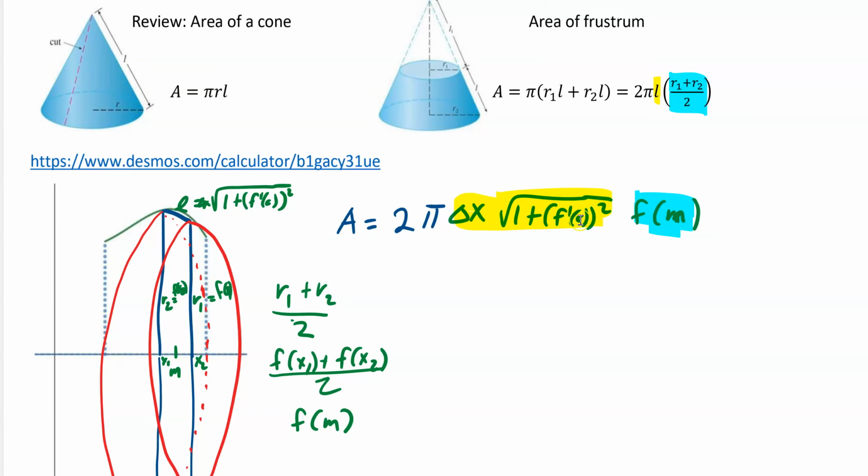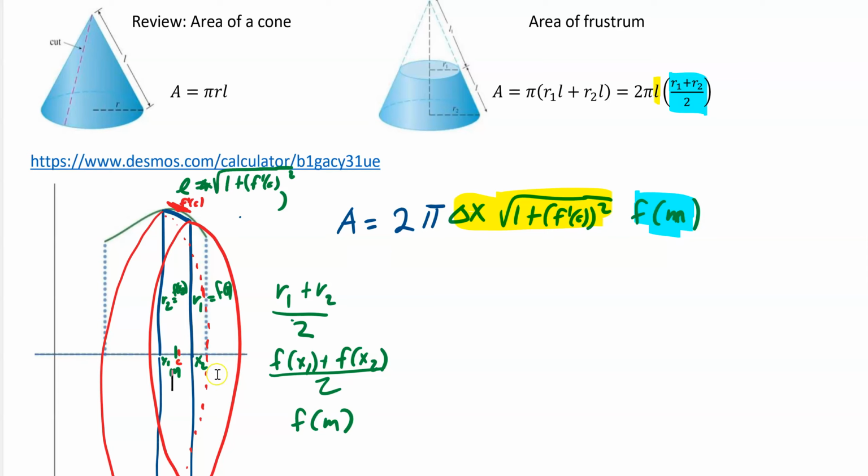So if you notice, f prime of c and f of m, they're both in the middle here. So remember when we did this formula here, what we were using for c is that point there that had the same slope. So that would have been f prime of c. So if you follow that down, you can kind of see that our c is like right there. They're very close.